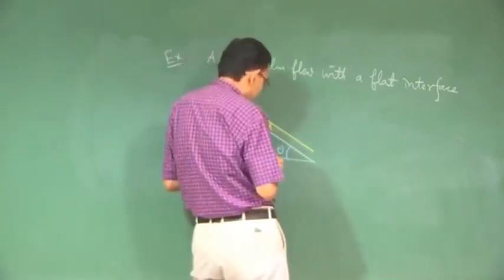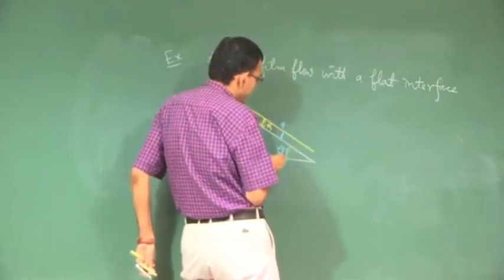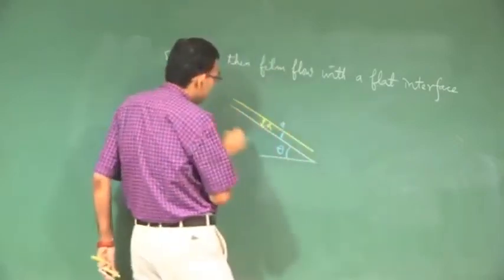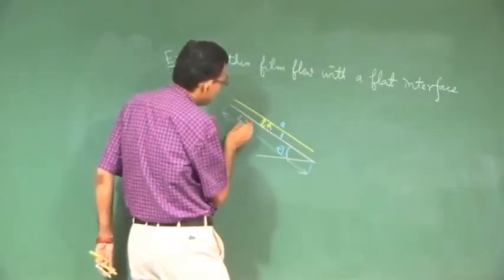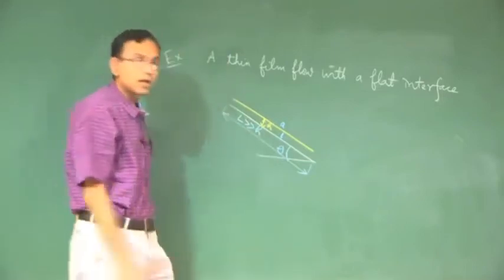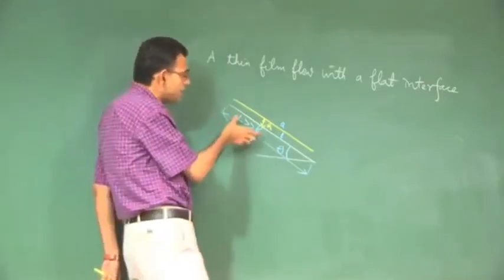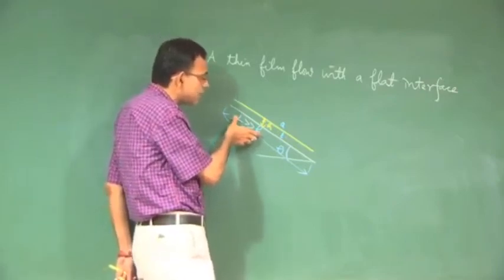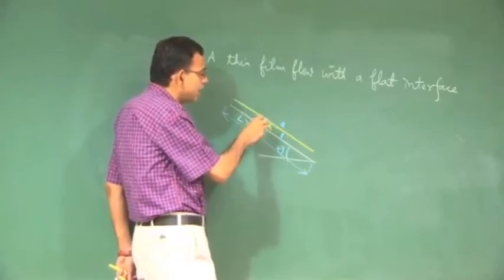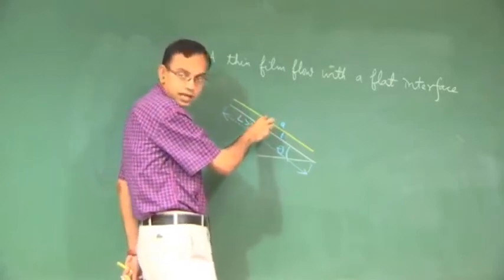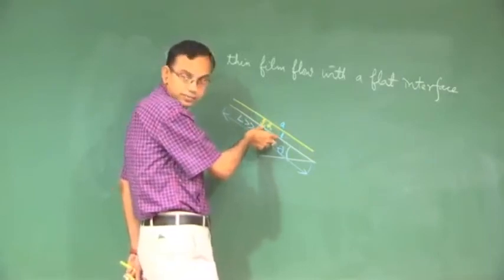On this side there is air and on this side there is liquid, and the length L is much greater than H. The length of the incline is much greater than H. That means that for all practical purposes the y length scale you may consider to be much less than the x length scale.